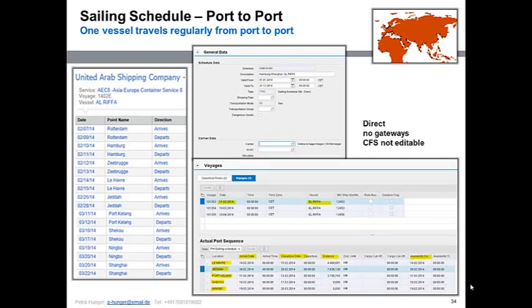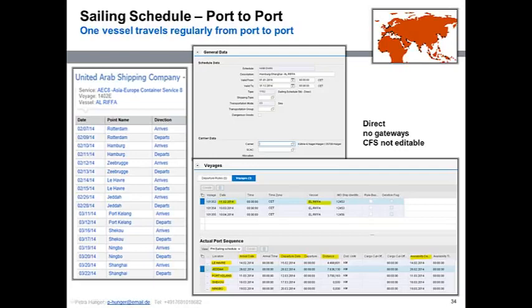So after the system demo, let's look into the types of schedule. So on this slide you can see one vessel traveling regularly from port to port, and all those points on the card represent ports, and the vessel is going through all those ports. Depending upon the purpose of the schedule, they have different names. A sailing schedule is when you want to maintain schedules for a vessel, but the carrier and the capacity is irrelevant.